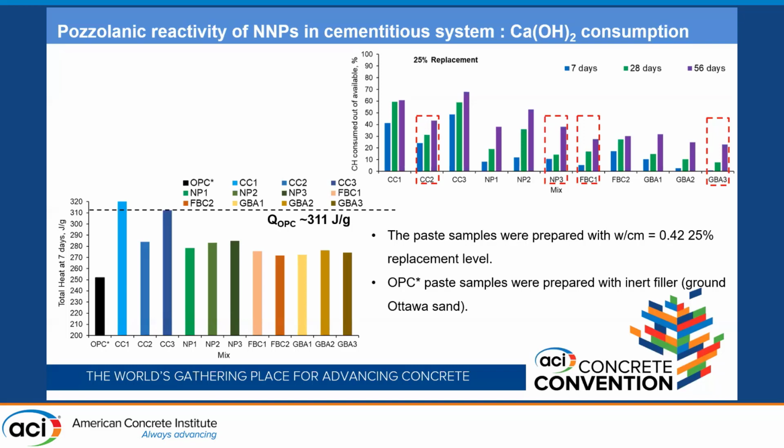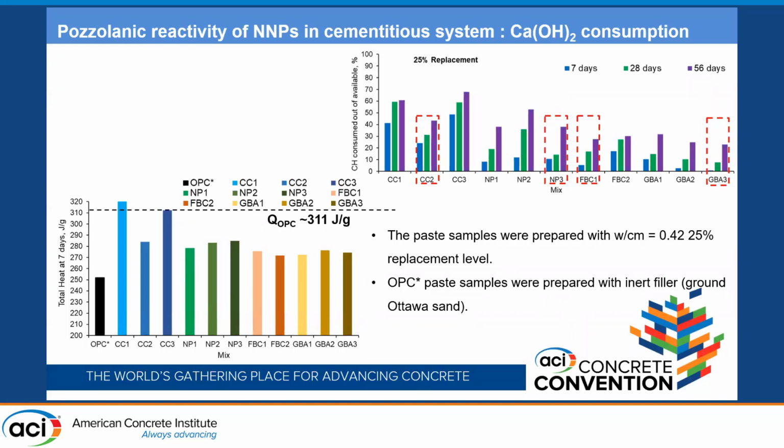But here, I'd like to highlight the importance of the curing age: for the ashes and also for some of the natural Pozzolans, the later curing age is crucial for showing the potential reactivity, at least in terms of calcium hydroxide consumption.